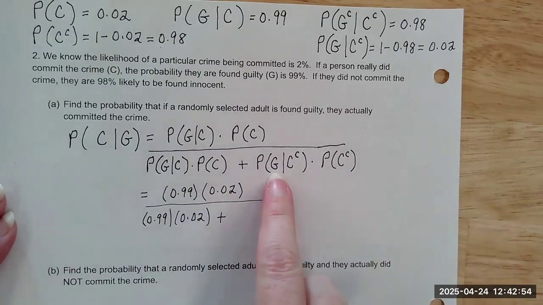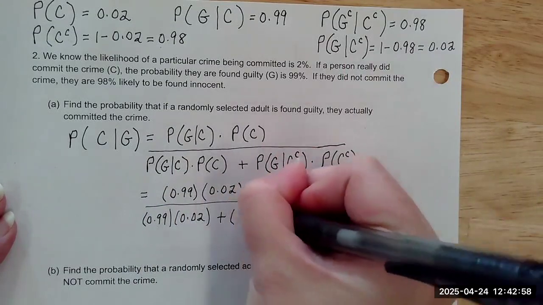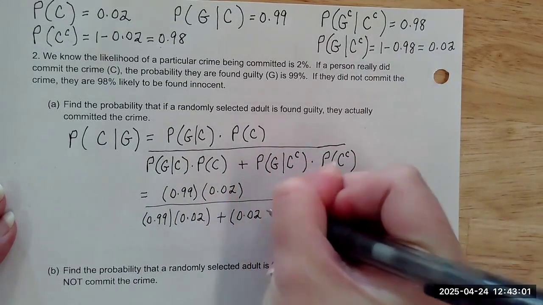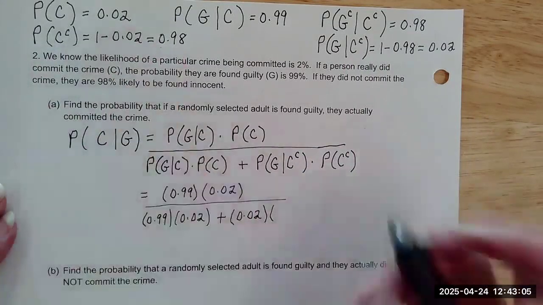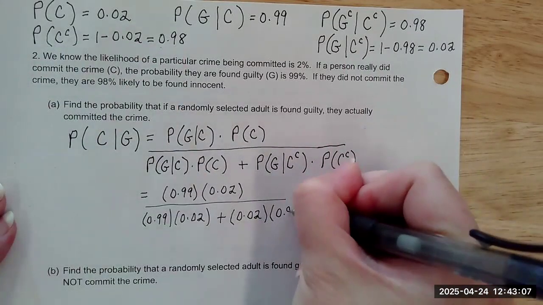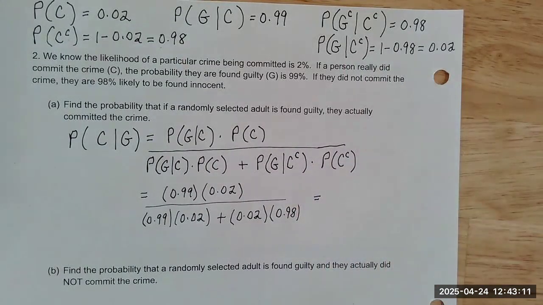Plus, and then probability of G given C complement, we just figured out was 0.02 times the probability of C complement, we just figured out was 0.98. Okay. So probably on her test, she'd have you just leave it there.